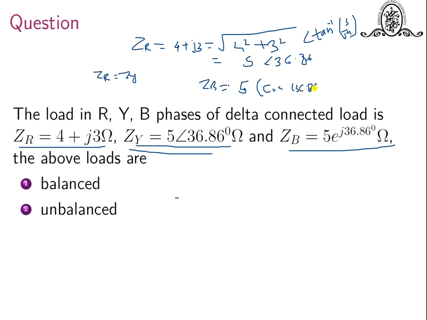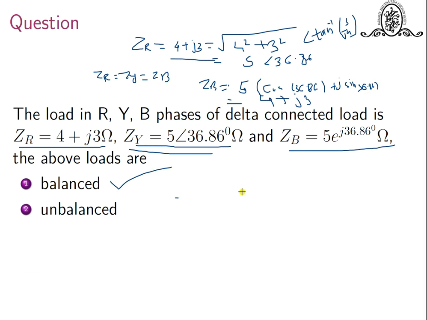If we calculate this, you will get 4 plus j3. You observe this is also 4 plus j3. Here ZY, ZR and ZB are equal. Then I can say this is a balanced load.